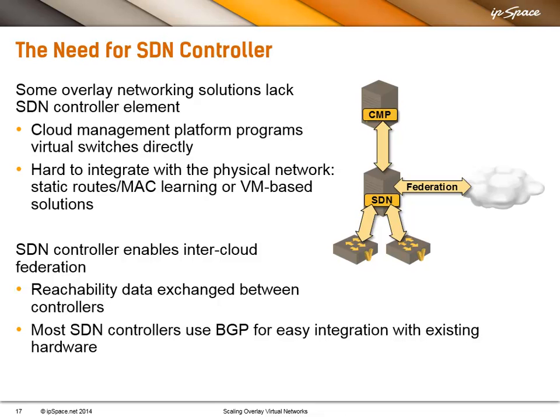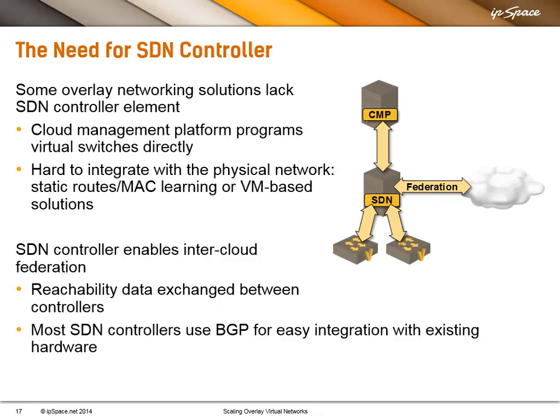But if you want to integrate this environment with the physical network, then there's always the question of who will provide the connectivity to the physical network and who will be the single source of truth about the reachability information inside the cloud and the physical network. The cloud management system is the single source of truth for in-cloud reachability information.